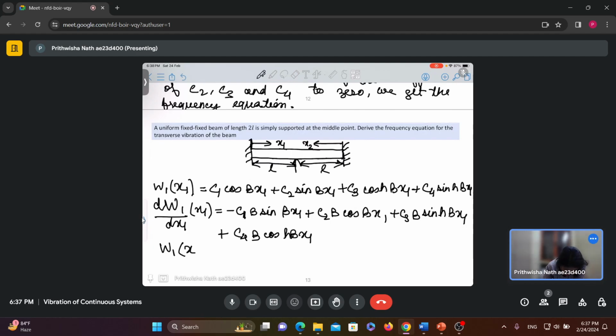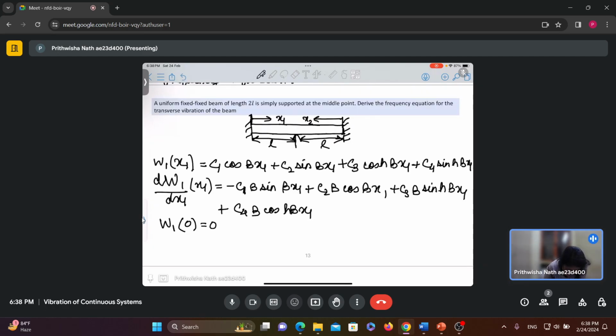Now w1 at x1 equals 0, if I substitute, I will get C1 plus C3 equals 0. This implies that C1 equals minus C3.